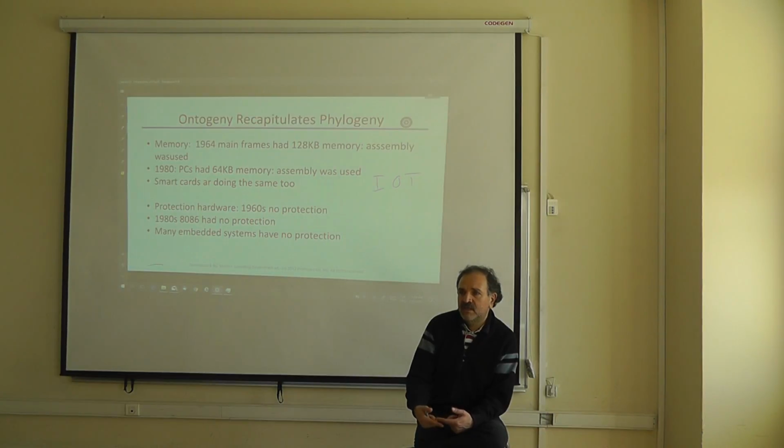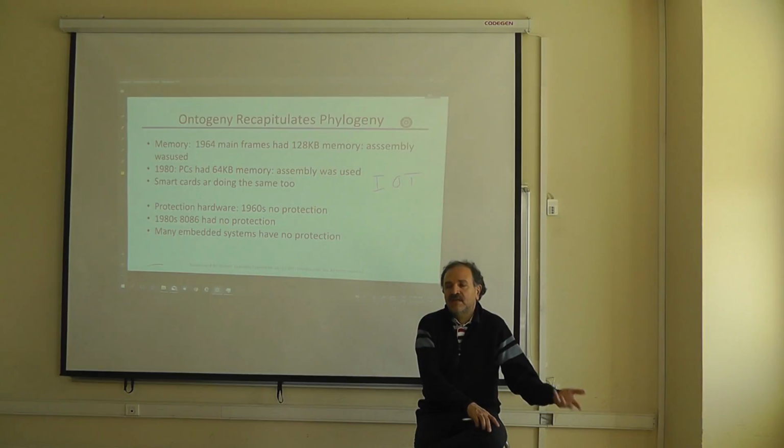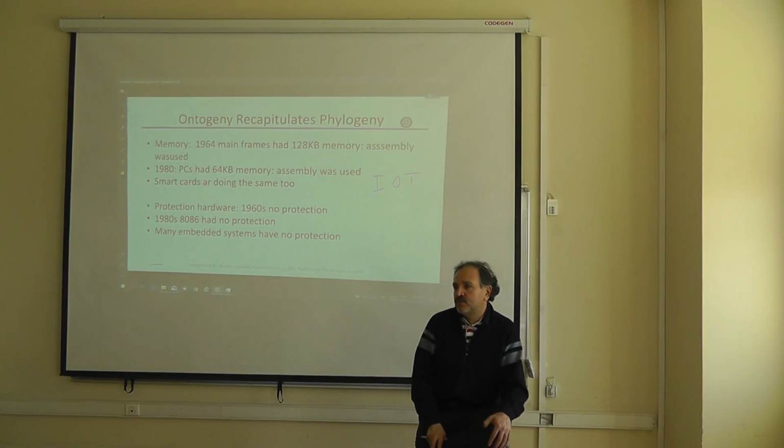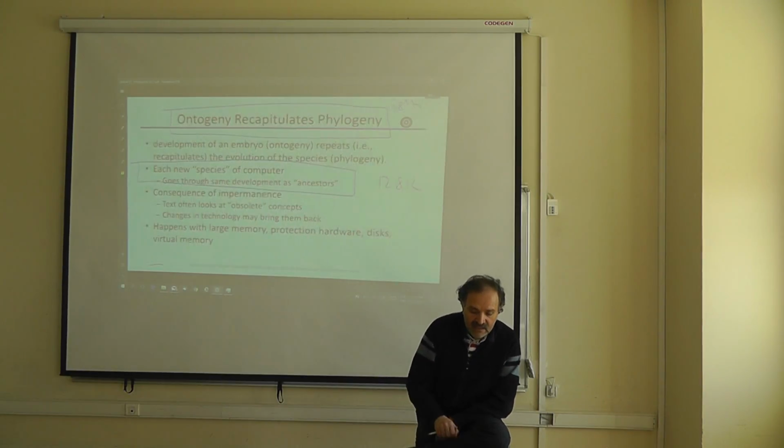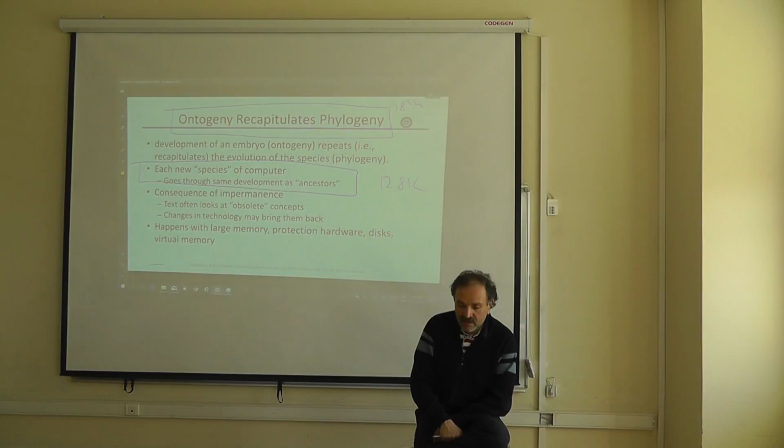They are so weak that they cannot have any protection, but they are still connected to the internet. They are very good for launching denial of service attacks. So we had the same problem in 2017 that they were having in the 1960s. The same problem happens again and again, and it's going to repeat. That's why history is very important for us as operating system designers. That's why history is important for programmers too.